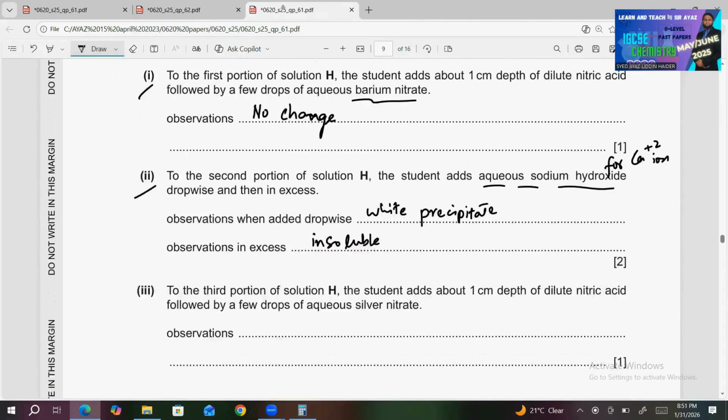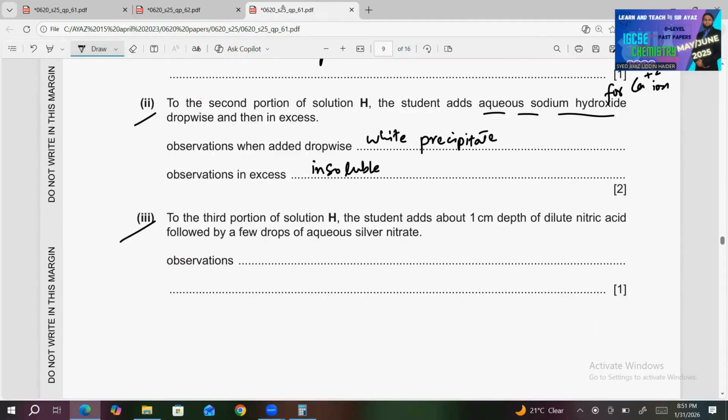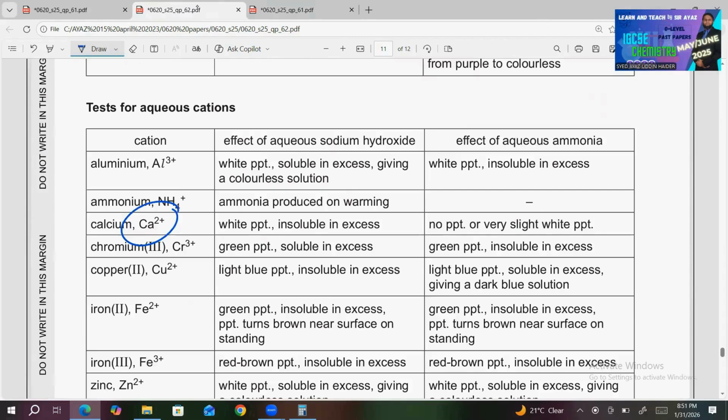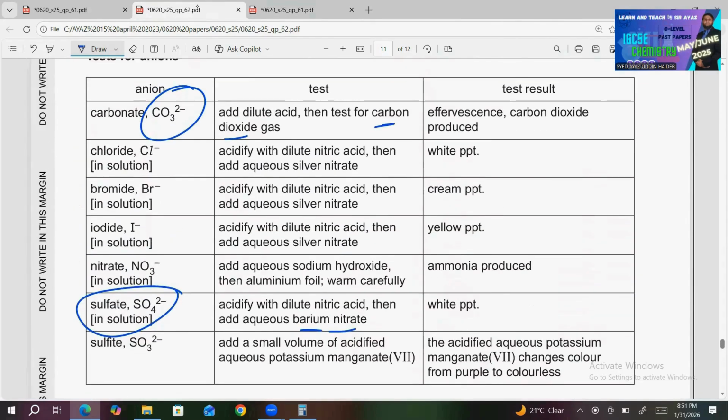Part 3. To the third portion of solution H, the student adds about 1 cm depth of dilute nitric acid followed by a few drops of silver nitrate. Observations. This must be for chloride ion. You look at the list of the anions. Here are halide ions, and this one is a chloride ion, aqueous silver nitrate.